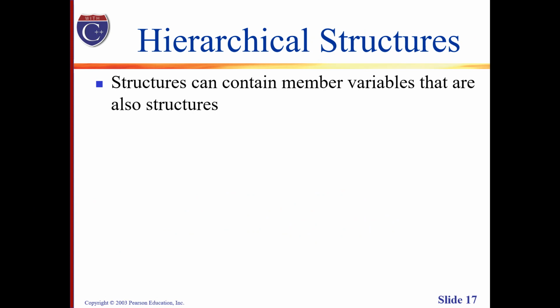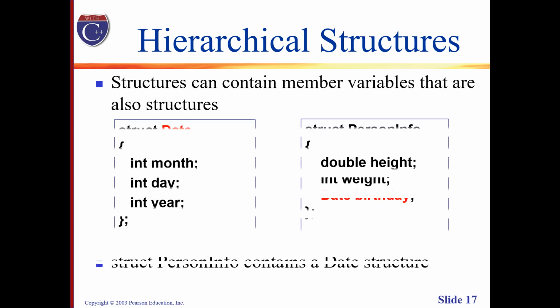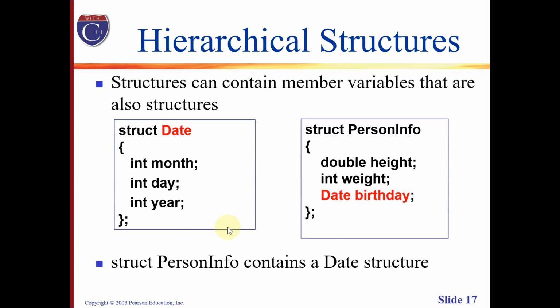How about hierarchical structures? Structures can contain member variables that are also structures. Here's an example. As we can see here, we first defined a structure named date with the following member variables, after which we defined another structure named PersonInfo, and the following are its member variables.